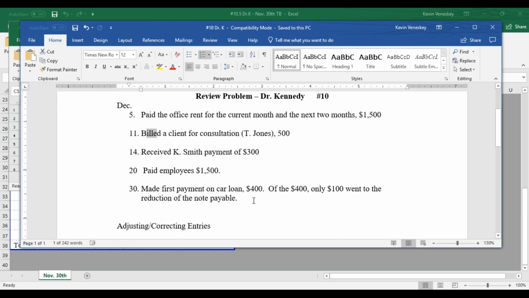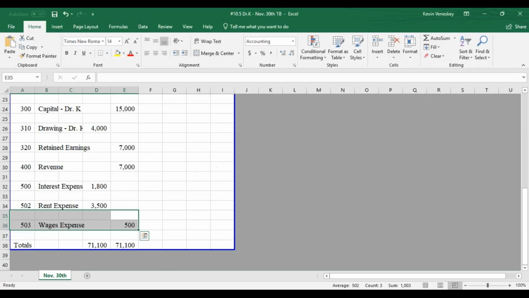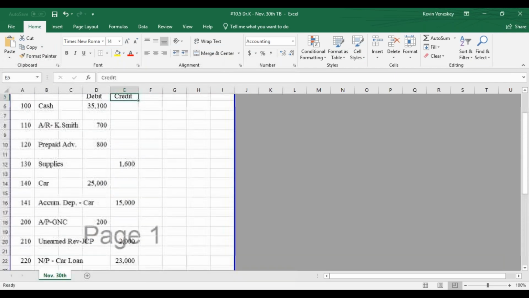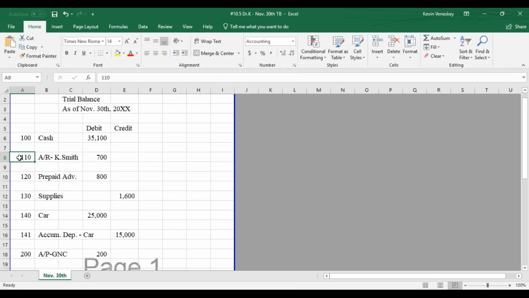On the 14th, received payment from K. Smith. So I need to look at my trial balance coming into the year, and it said K. Smith owed me, and he's paying me. So yep, here it is. K. Smith did owe me $700. He's now paying. So the debit question, what am I getting? I'm getting cash. Credit question, where'd the cash come from? It comes directly from K. Smith's account.